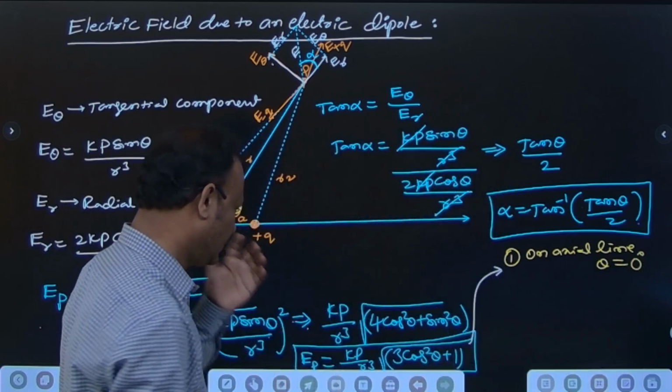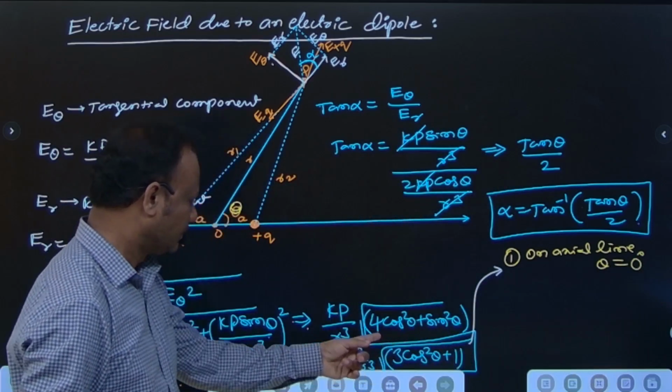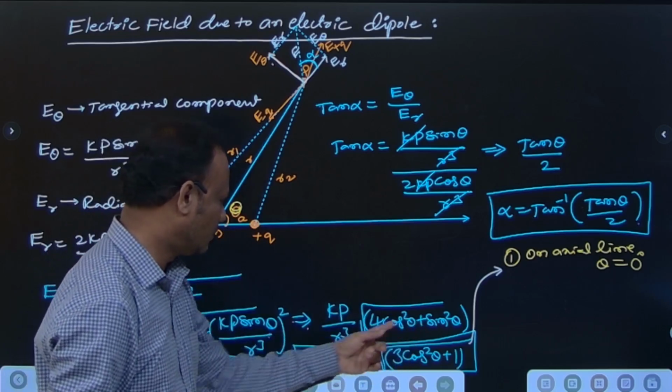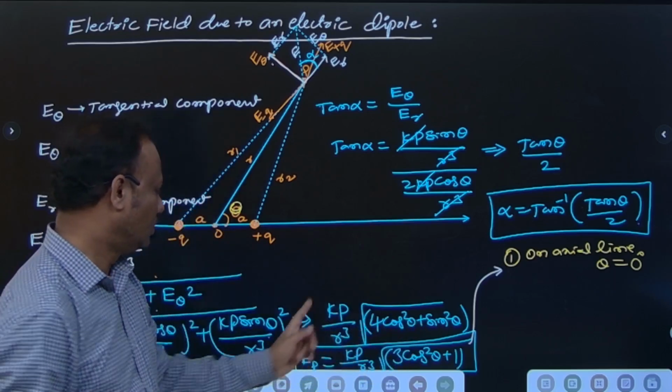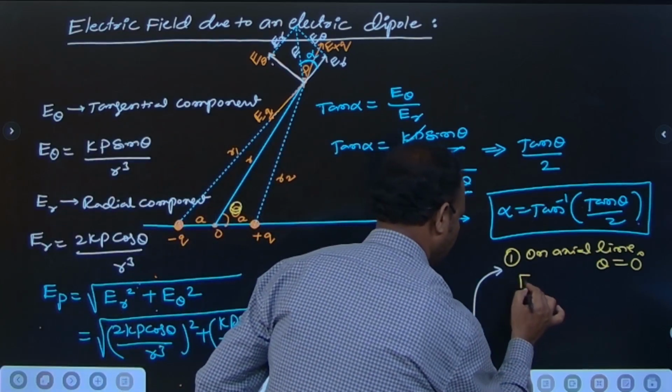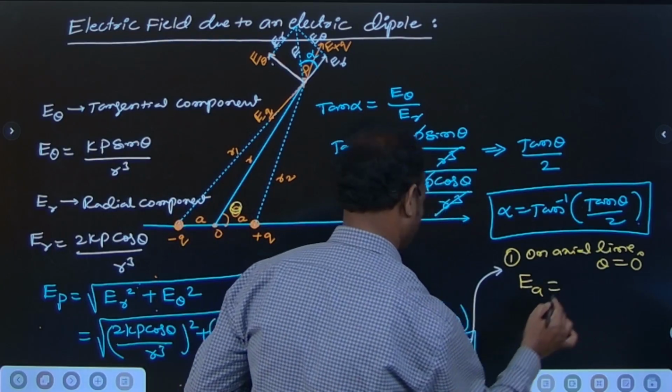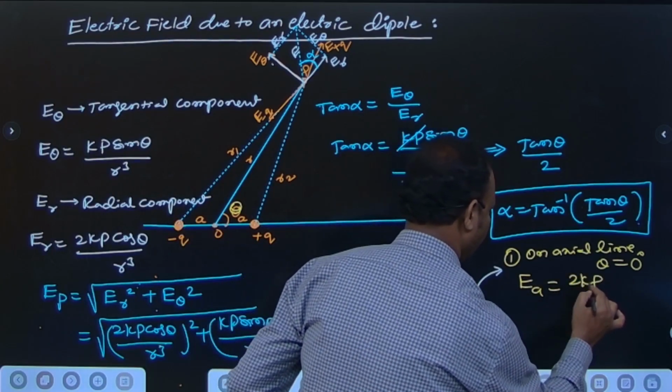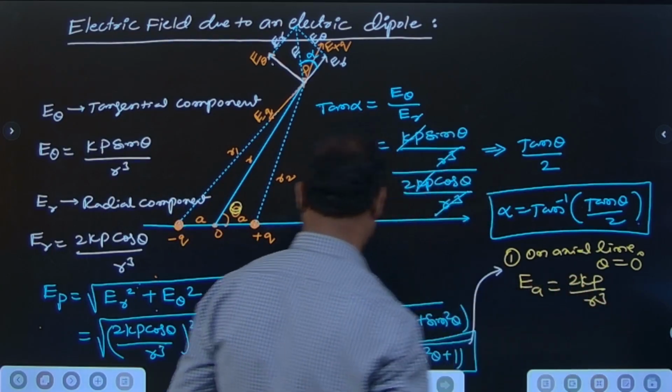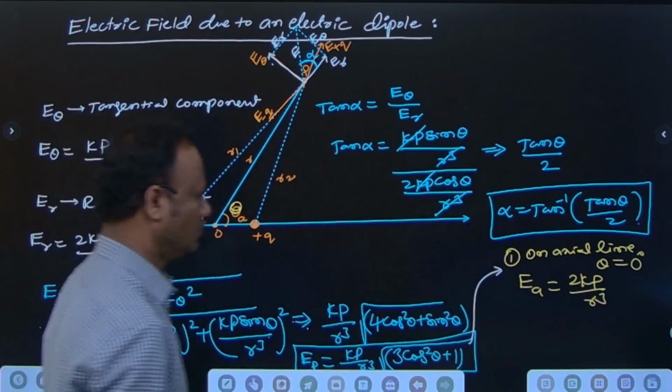Cos 0 is 1, sin 0 is 0, and square root of 4 is 2. So E axial is equal to 2 kp by r cube.